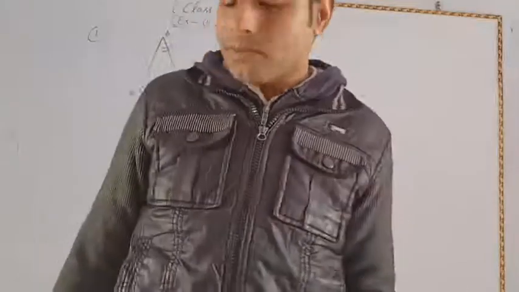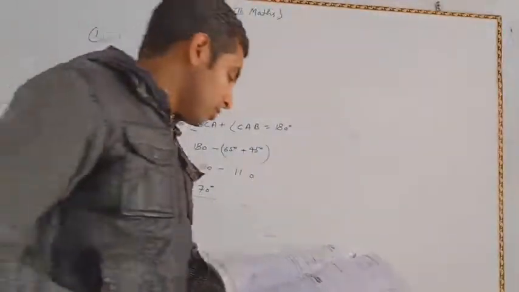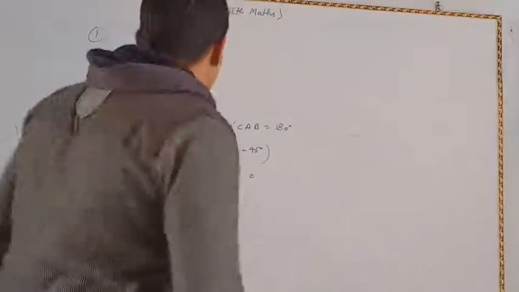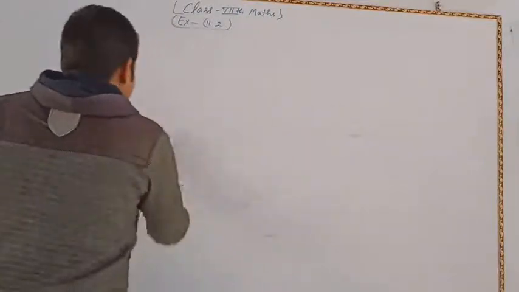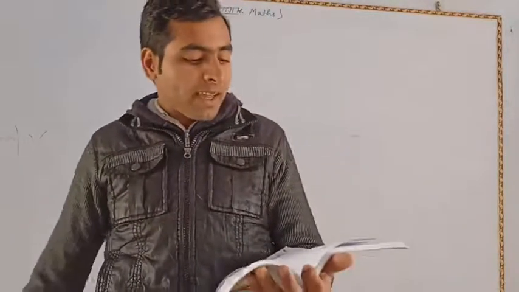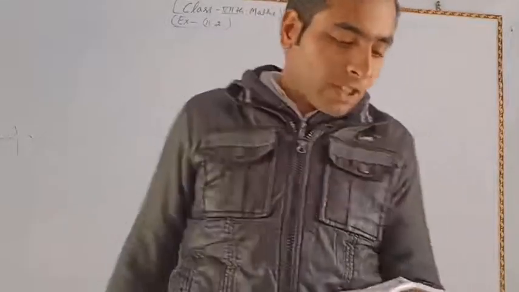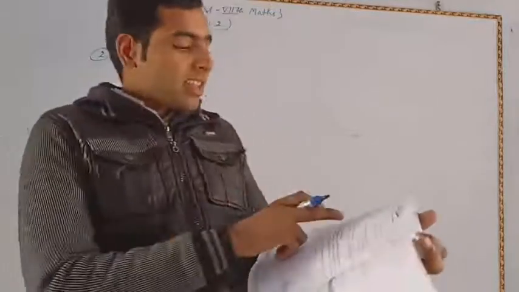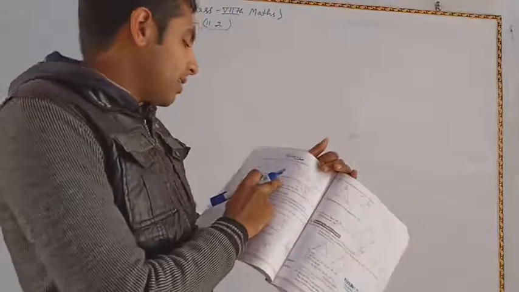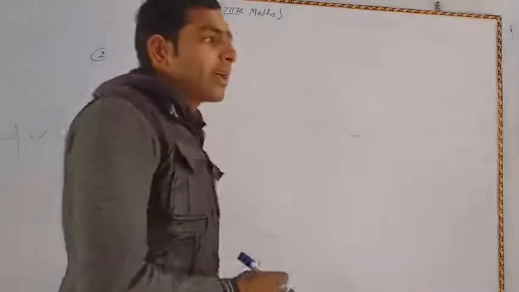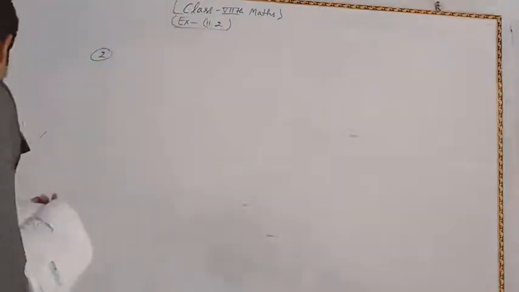Now again, you have to find out all these problems. In problem number second, you have here given, state in which of the following cases the angles can be possible for a triangle. So you know that if the sum of these three angles becomes 180 degree, then this property can be satisfied for any triangle.